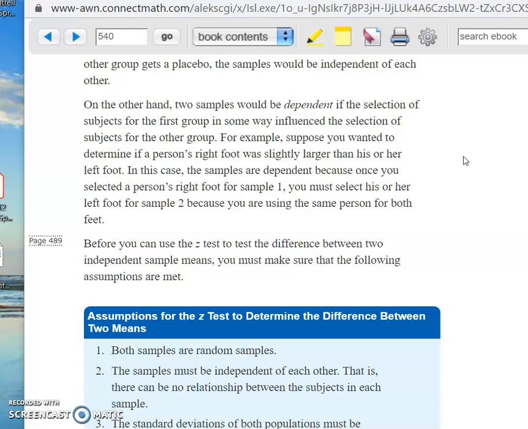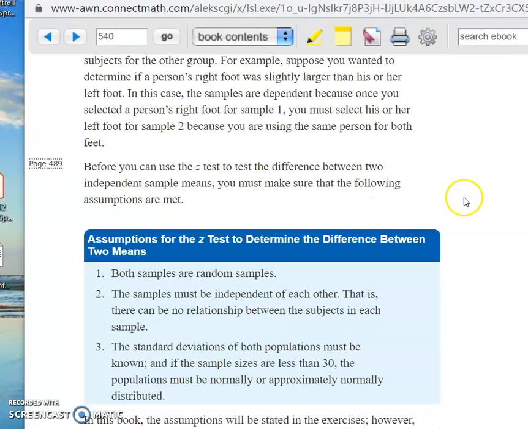So let's say in group number 1, you're taking the test, you get a score. And then afterwards you take the test again, but in the meantime you've taken a review course. So the people in the second group are influenced by the people in the first group, and the performance is going to be different because people tend to do better after they take the review class.